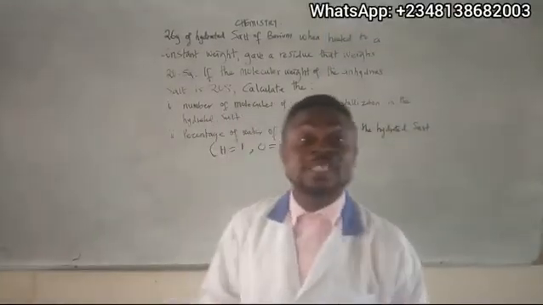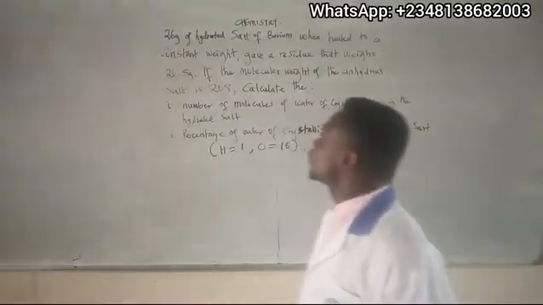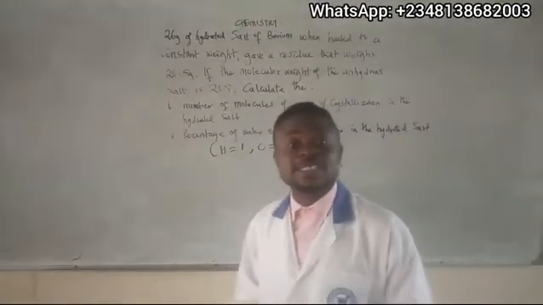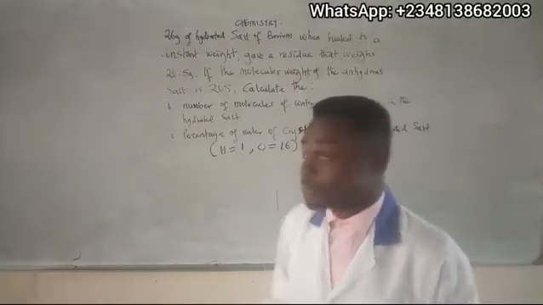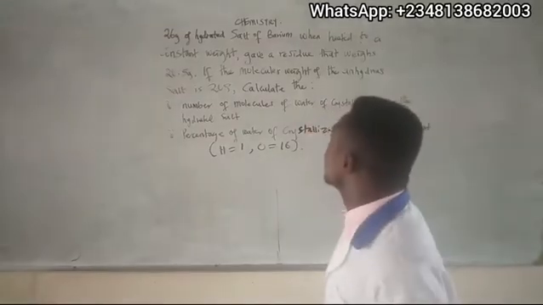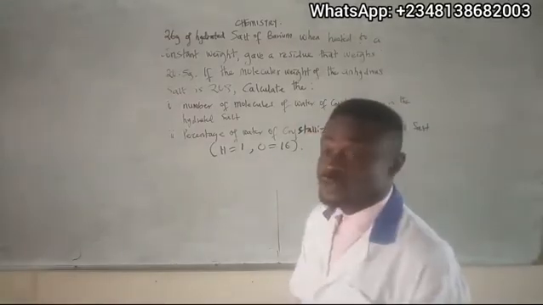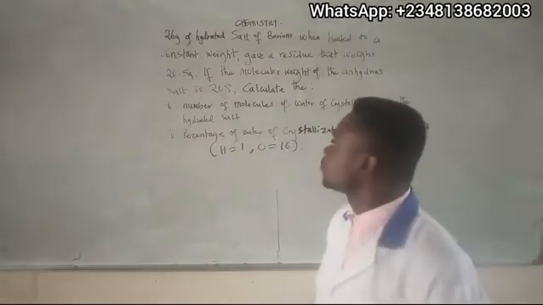Today we are going to take a look at chemistry, and the question says: 26 grams of hydrated salt of barium, when heated to a constant weight, gave a residue that weighs 20.5 grams.